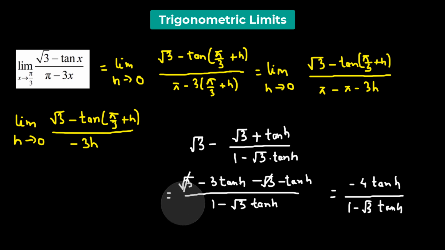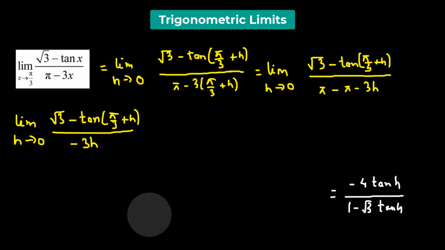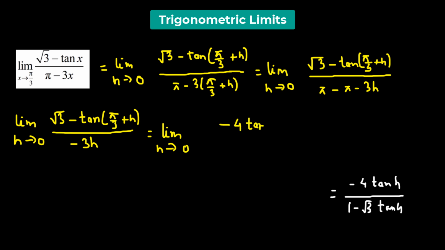So let us substitute this into our given function. Now we have, this will be equal to limit h tends to 0 of negative 4 tangent of h divided by 1 minus square root of 3 times tangent of h, whole divided by negative 3h.